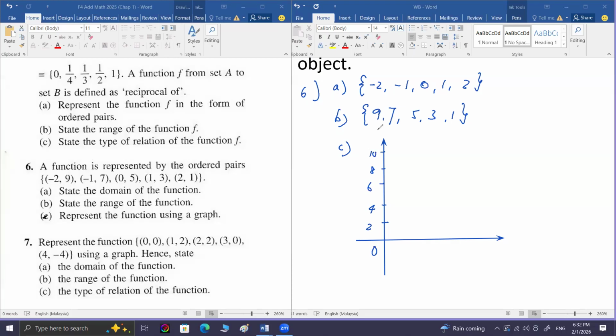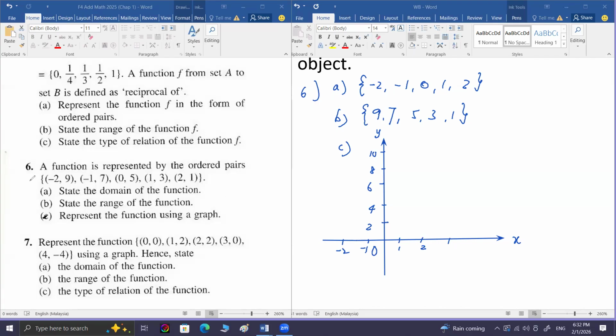So this is y and x. X starts from what? Negative. Sorry, it should be longer. So you make it -1, -2, until 2 only, right?